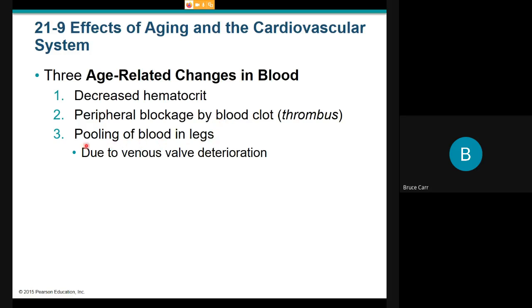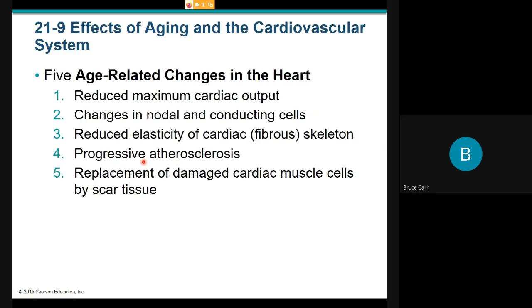Another effect is the pooling of blood in the legs as a result of the lessening of the efficiency of venous valves in retaining the blood and assisting the lifting of blood back to the heart. Now, in the heart, we're going to see declines in cardiac output, changes in the conducting system. So this is where pacemaker replacement becomes important.